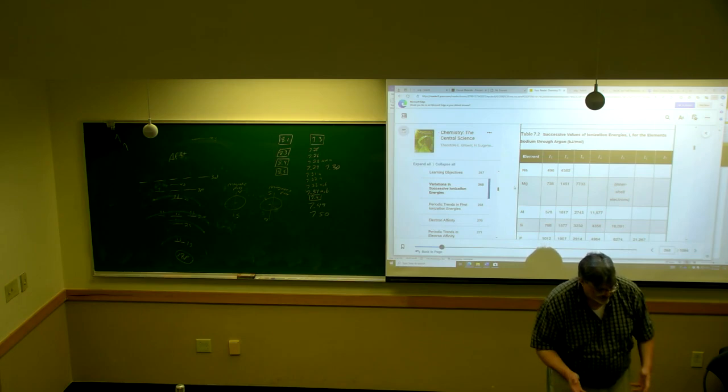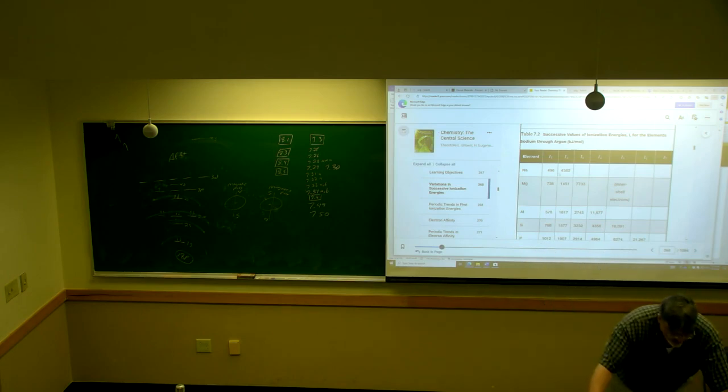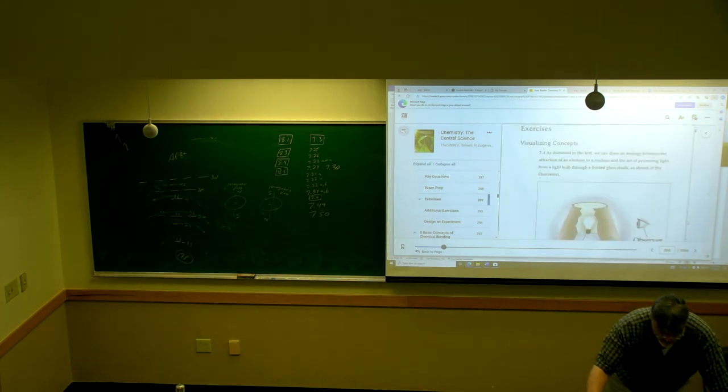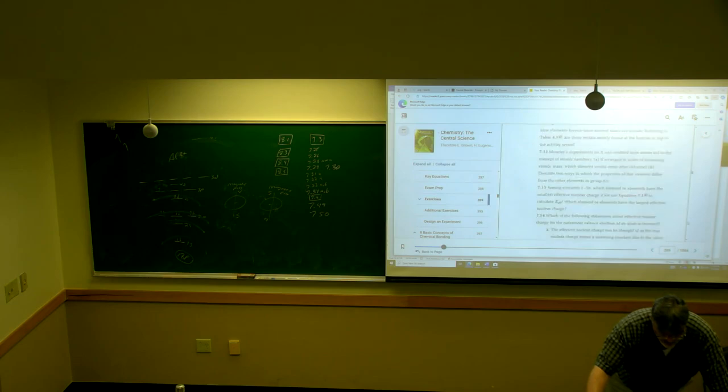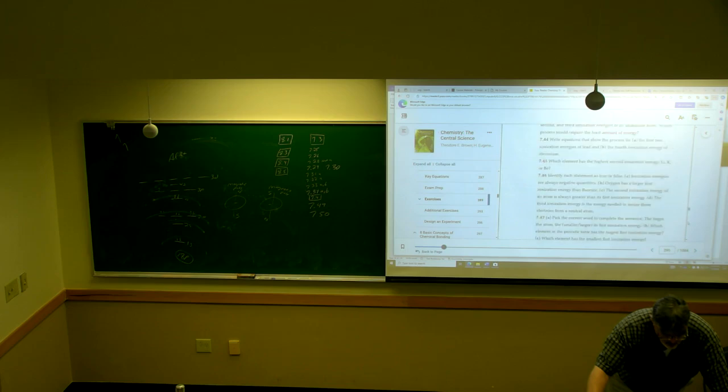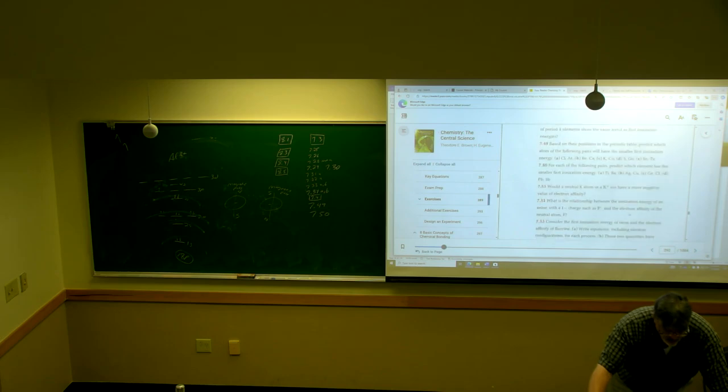So trends in ionization energies. First ionization energy, second ionization. And of course, the reason we call it ionization is because we're creating an ion in the process of removing electrons. So 7.49, 7.50. See if those are sensible, based on the position in the periodic table.